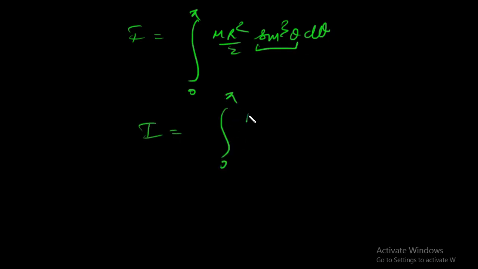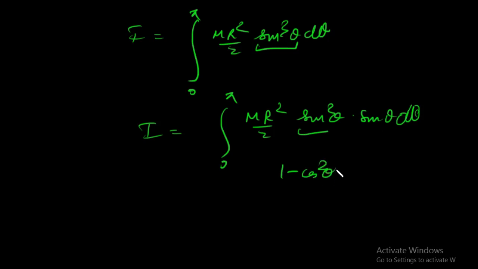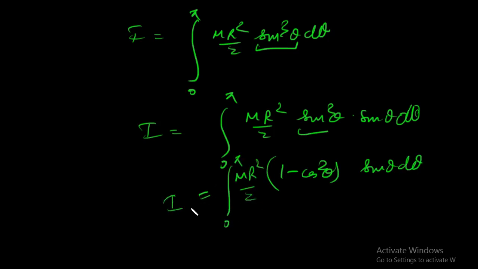This would be equal to the integral from 0 to pi of m r square by 2 sine square theta times sine theta d theta. Right, so what is sine square theta? Sine square theta is 1 minus cos square theta, times sine theta d theta, and this would be equal to m r square by 2 times the integration from 0 to pi.